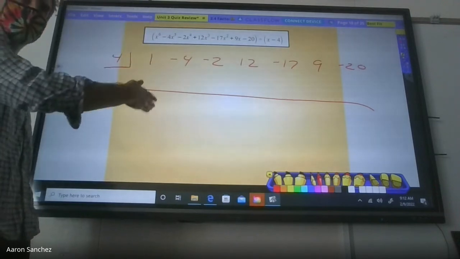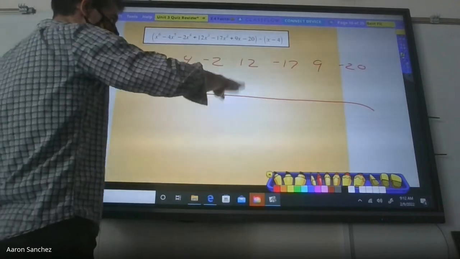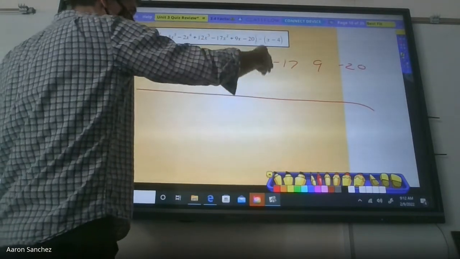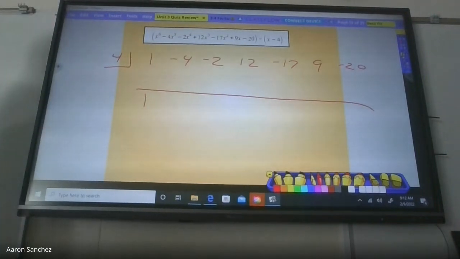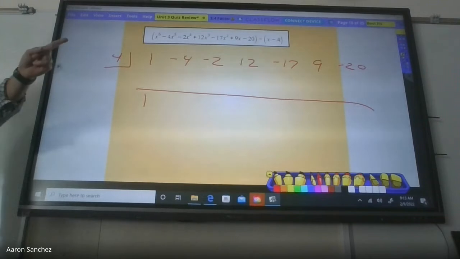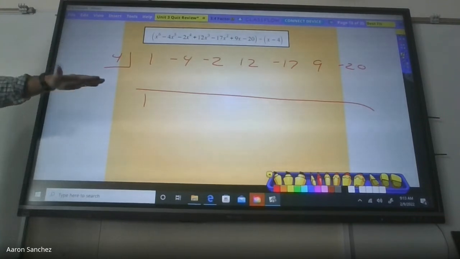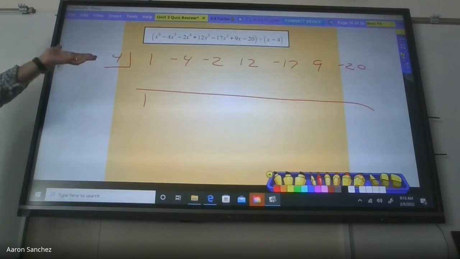You add, then you multiply. Then you add, then you multiply. What's 1 plus 0? 1. Would it be negative 4? No, we have to switch the sign. Bella, because you weren't here yesterday, just remember how we switched the sign when we subtracted every time? This allows us to not have to do that.